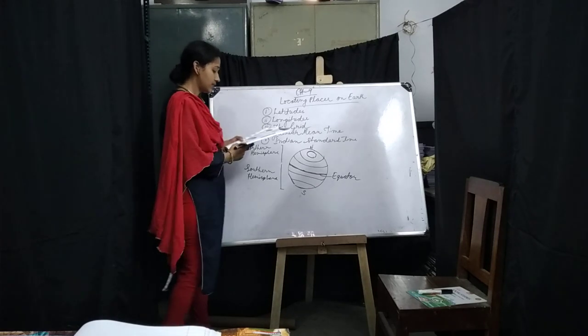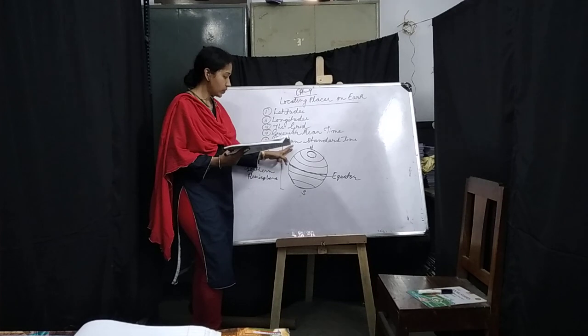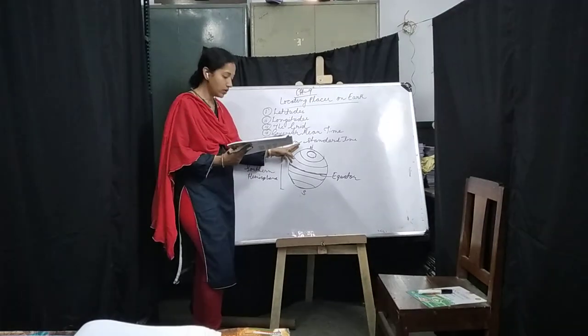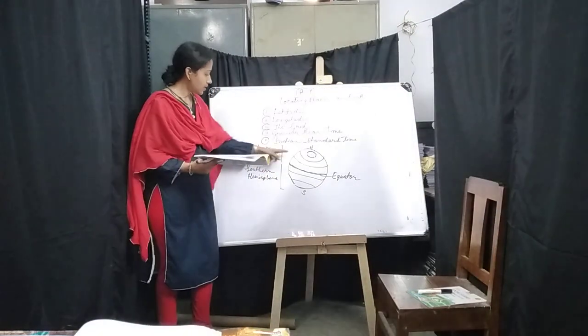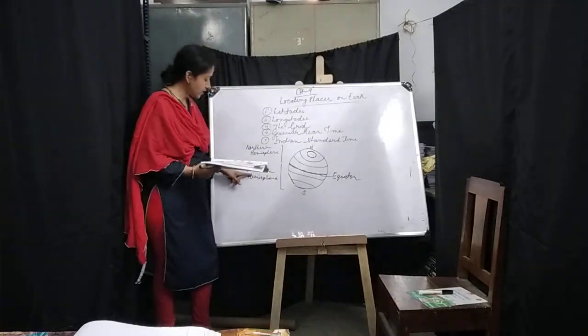So above the equator to the North Pole is the northern hemisphere, and below the equator to the south is the southern hemisphere.